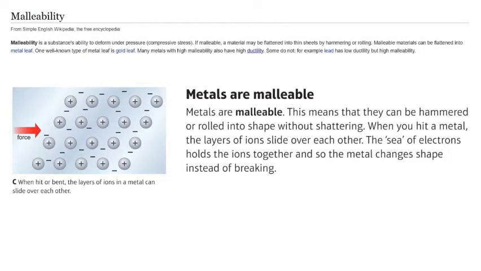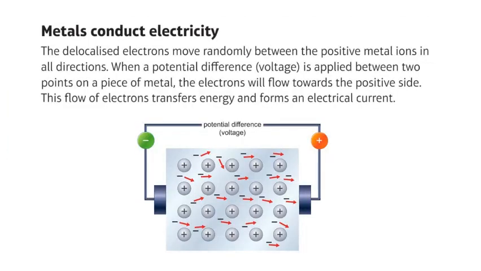So that's malleability. Now, the other really important property of metals is that they nearly always conduct electricity. And it's also important that you can explain why metals conduct electricity. So first of all, let's just remind ourselves what electricity is. An electrical current is simply a flow of electrons. So in order to have an electrical current, you need to have free and available electrons to flow down the wire.